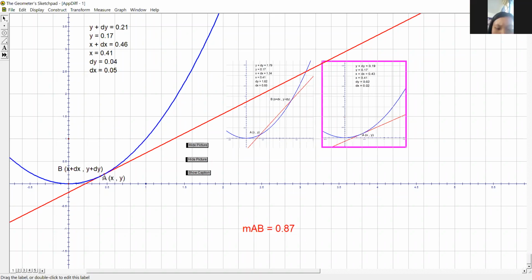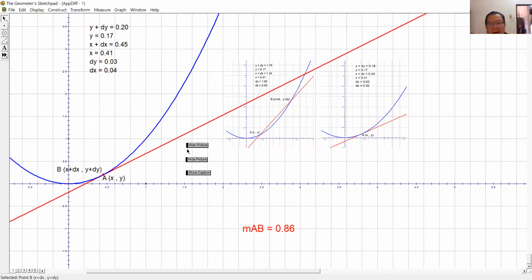The nearer this point B moves towards A, the more it will be like a tangent to the curve, right?